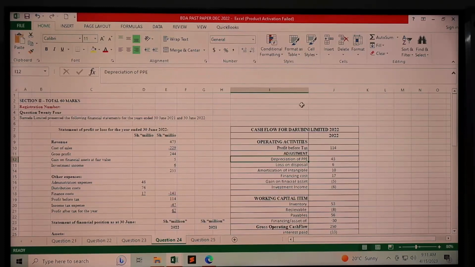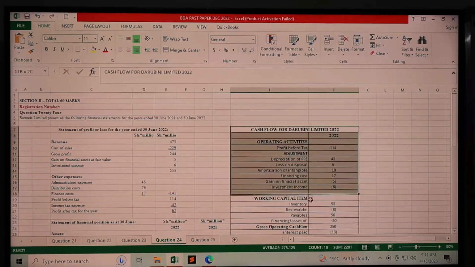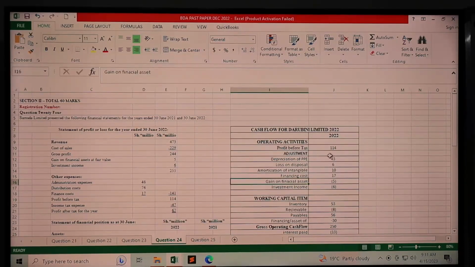The format of your cash flow remains the same, so even having the video does not mean that you will change anything. What you need to know is the format. First, you have to master that format, and you know how to extract your values to your cash flow. So nothing else is changing.